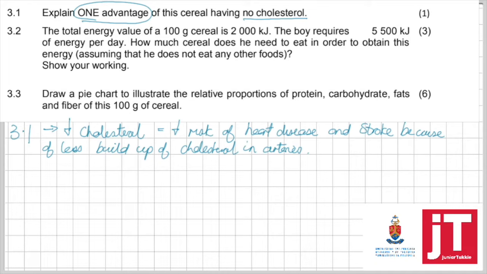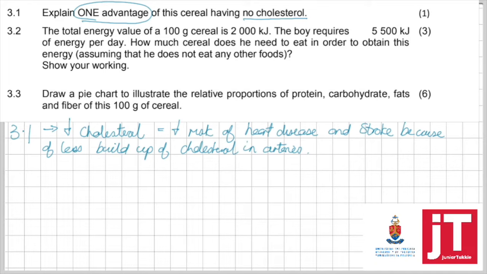So there is the benefit. One advantage of this cereal having no cholesterol: less cholesterol means a lower risk of heart disease and stroke, because there is less buildup of cholesterol in the blood vessels, particularly the arteries.